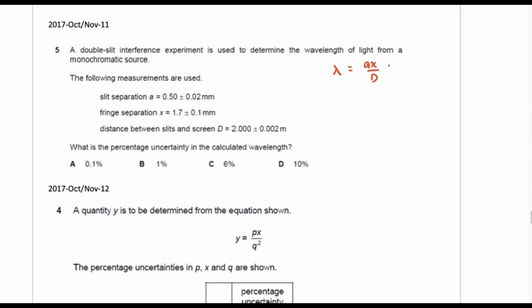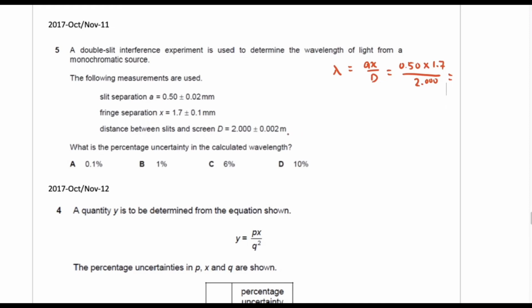First we work out the calculated quantity. So a is 0.5, x is 1.7, D is 2.000. When you put the values inside, you need to be careful, because they are using millimeter and meter.